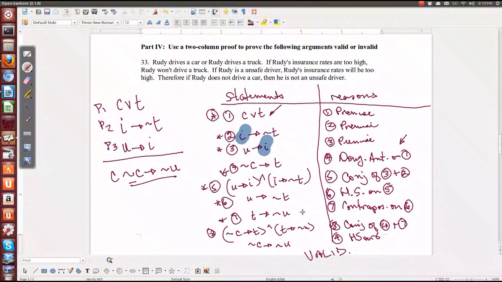And second, because this was in the wrong order, because U needs to be a consequent, not an antecedent, I had to use contrapositive to take care of that. So that's the first of our two-column proof problems.